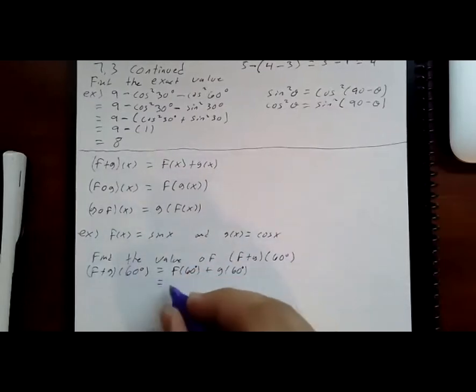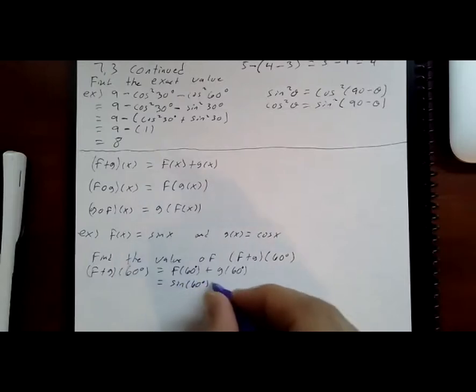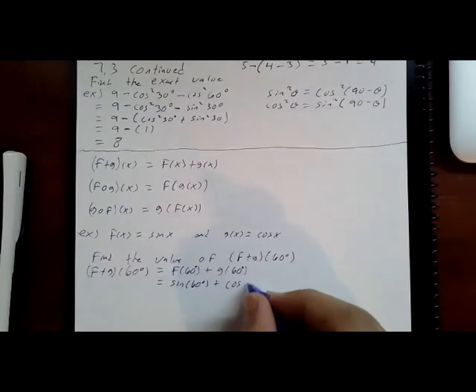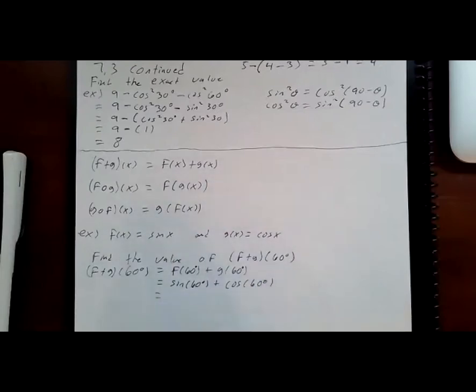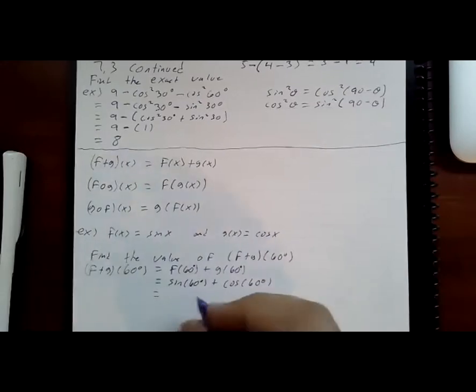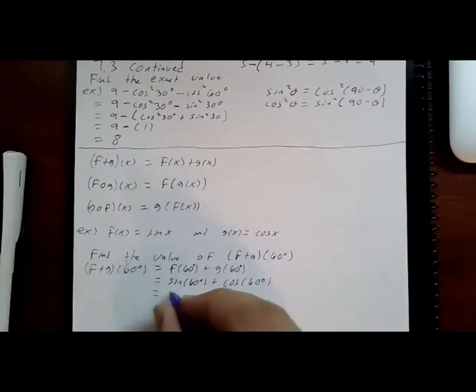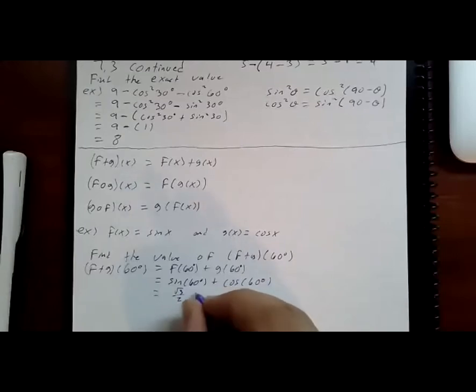And f is sine, so you would say that's just sine of 60 plus cosine of 60. And then just look at your circle. Sine of 60 will be root 3 over 2 plus 1/2.